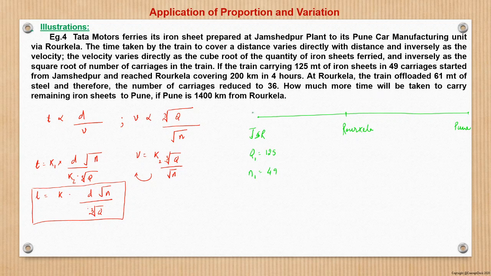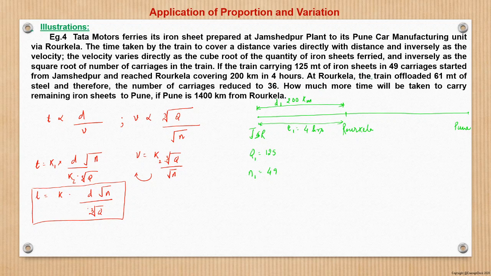And it started from Jamshedpur, reached Rourkela, which is 200 kilometers. Let this be D1, in 4 hours. So T1 is 4 hours, right?